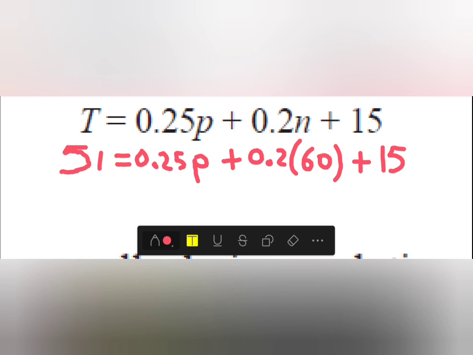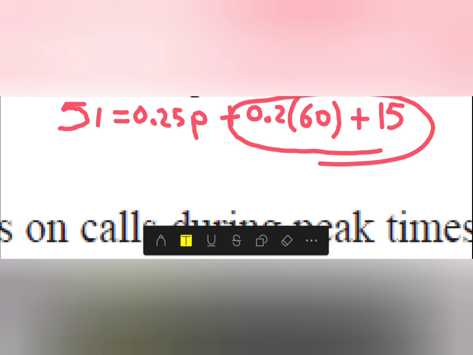Now, to answer this, we have to leave the P on one side and take all of the numbers to the other side. Now, I can calculate these here before taking them to the other side, using a calculator and writing them step by step. Here we have 0.2 multiplied by 60.